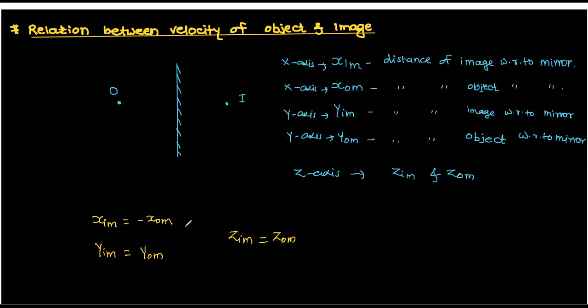Now let's differentiate these three equations. So I got the first equation like this, XIM is equal to minus XOM. Call this equation number 1. Next I got YIM, that is image distance with respect to the mirror along the y-axis, is the same as the object with respect to the mirror.